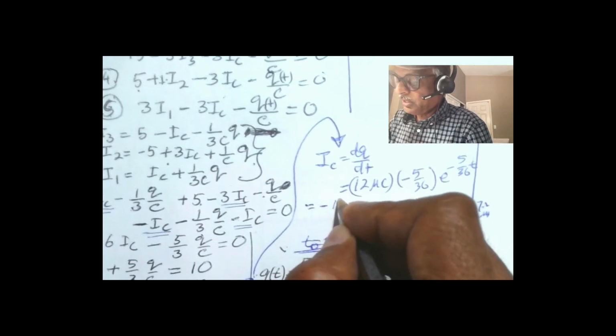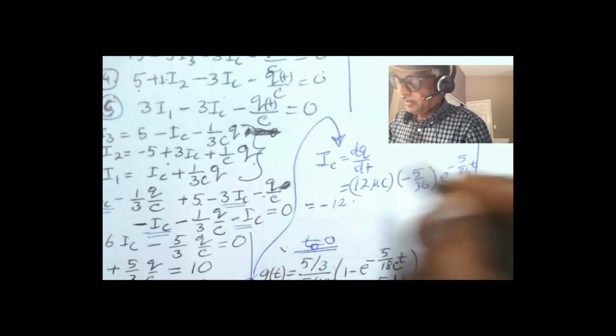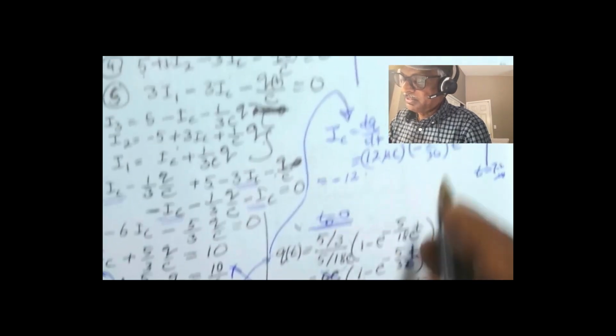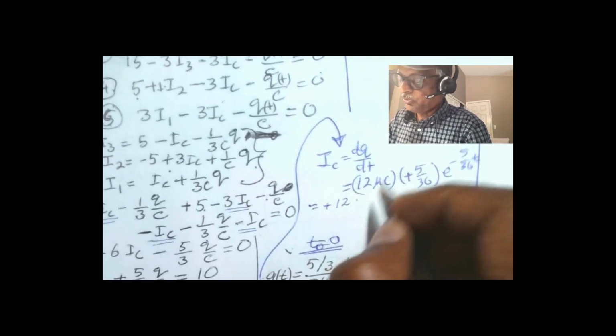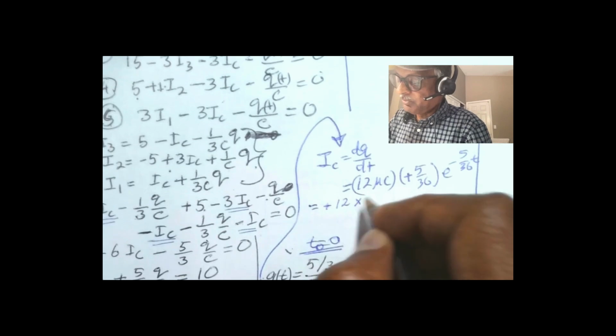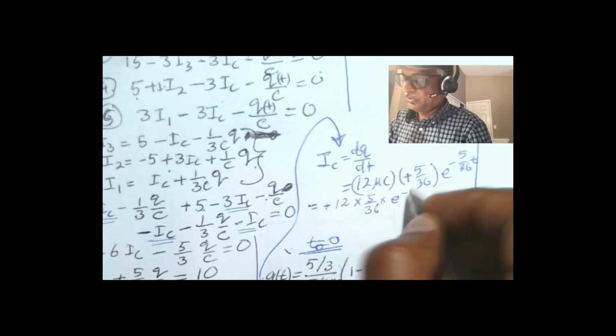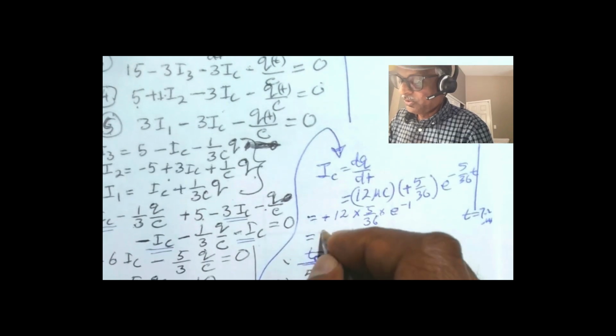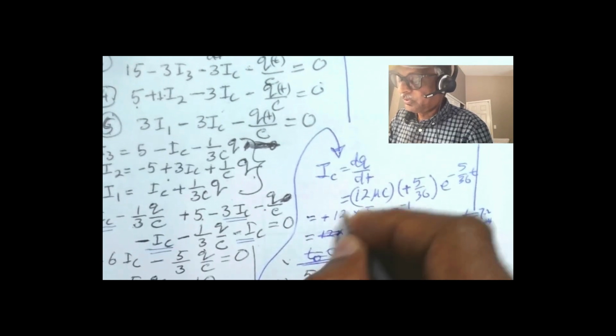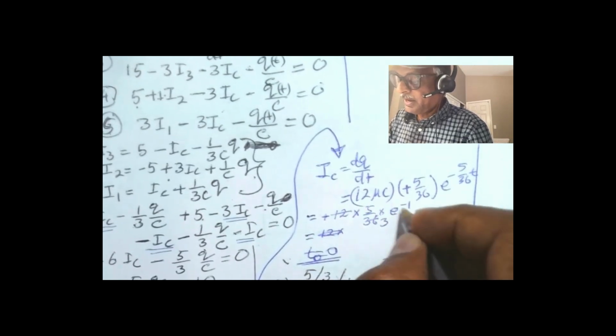So this is minus 12. This minus with the other minus becomes a plus 12 times 5 over 36 times e to the minus 1, and so 12 times, so this is 3, and this is 3.